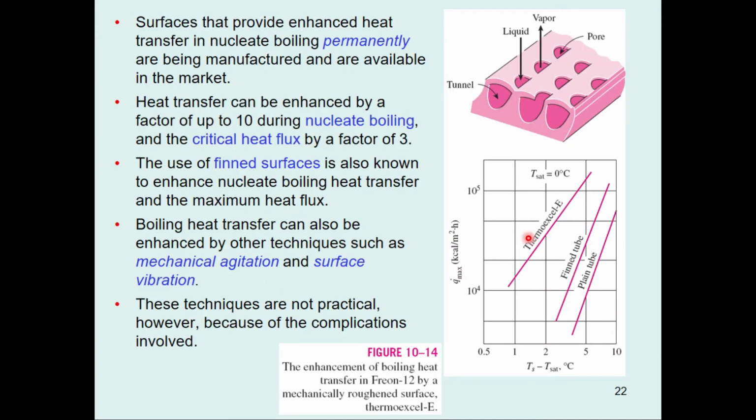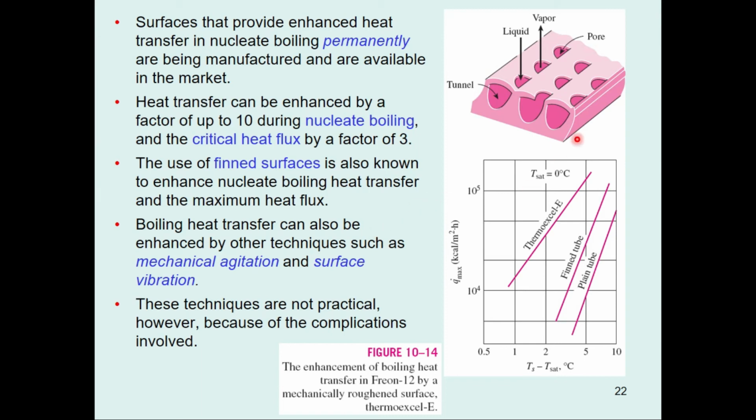So there are surfaces that provide enhanced heat transfer in nucleate boiling permanently, being manufactured and available in the market. In the previous slide I said that the presence of dirt, surface roughness and irregularities increases the rate of heat transfer, but that is a rough surface.